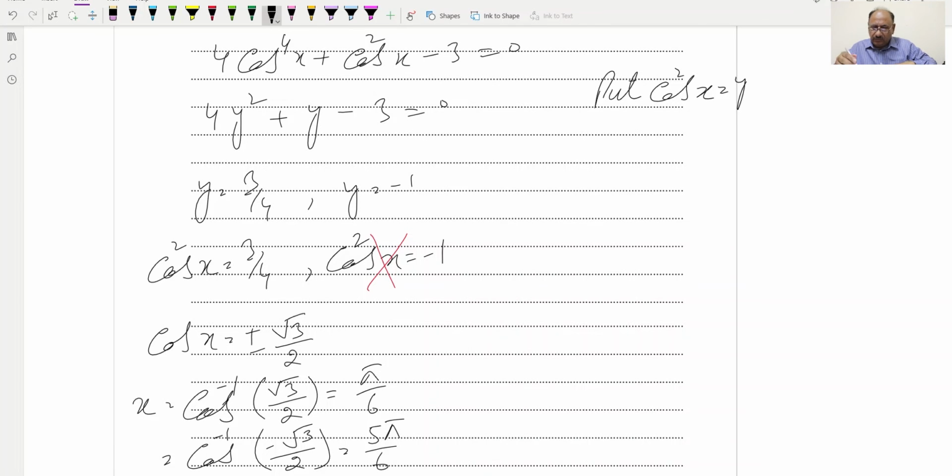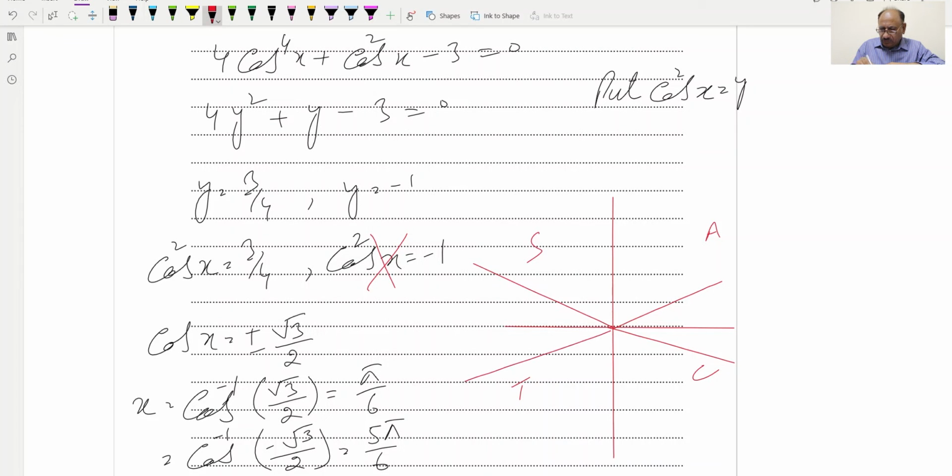Now for the range of values, these are the principal values which we got with the help of the calculator. For the other values, we can use pi by 6 like this, and the other positive pi by 6 value as well. So the positive cos values will be this one and this one, and the negative values will be on this side, and the other negative value will be like this.